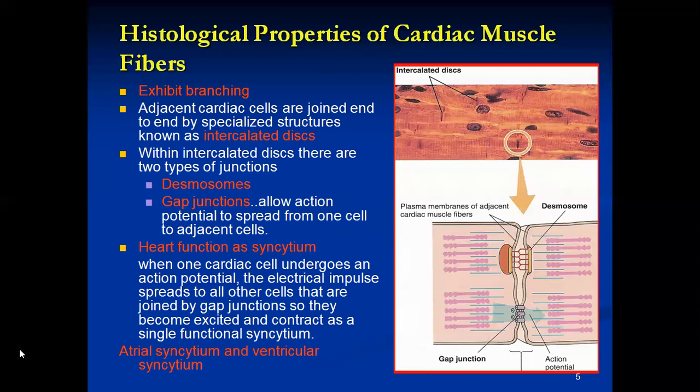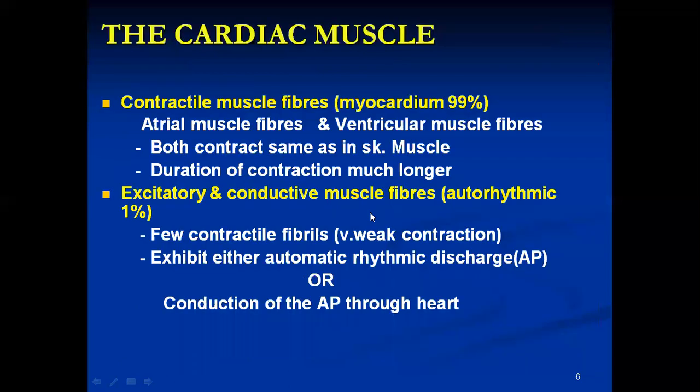We have two syncytiums, atrial and ventricular syncytium. See, 99% of myocardium is contractile muscle fiber, and 1% is excitatory and conductive muscle fiber. They are autorhythmic, like they're contracting and relaxing without any voluntary control.